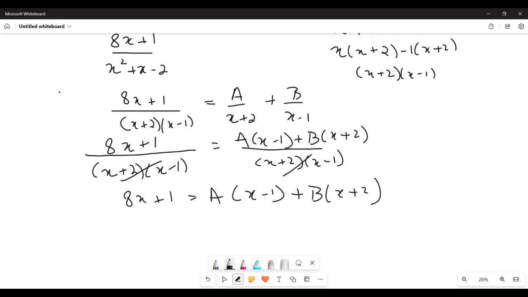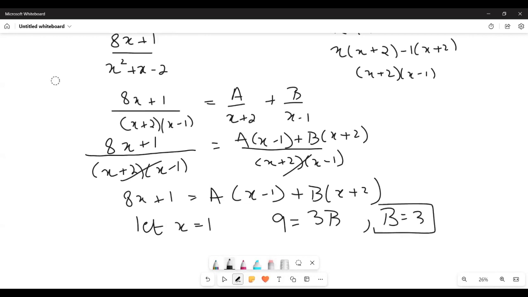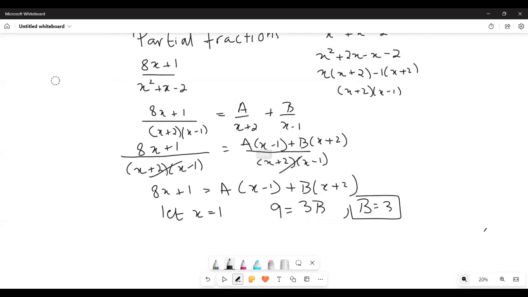So x equals 1 ले लेते हैं. So we're getting 9 equals 3b, क्योंकि ये तो 0 हो जाएगा. एक ही टर्म एलिमिनेट हो गई, so b equals 3. Now I'm going to substitute x equals minus 2.